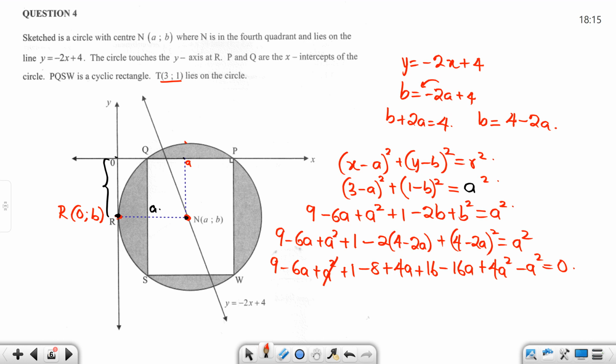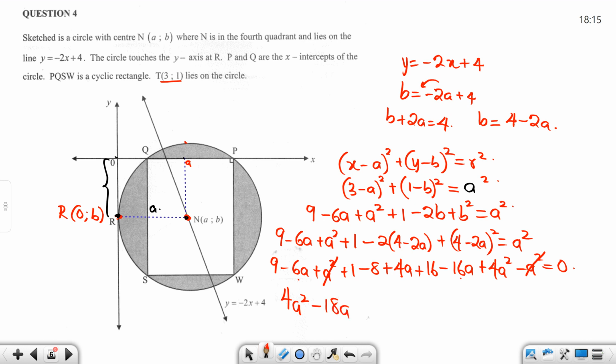Okay, I think this would go. Is that fine? What else? Is there the other A squared? It's just 4A squared, right? All right. So what do we have? 4A squared. Let's deal with the A's now. 4 minus 6 will be minus 2. Minus 16 will be minus 18.